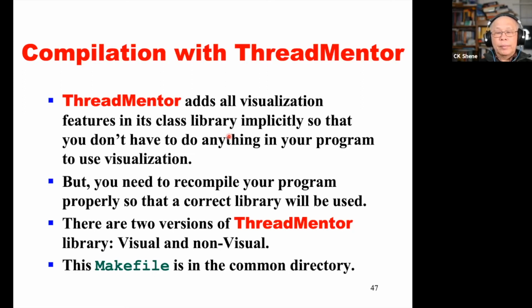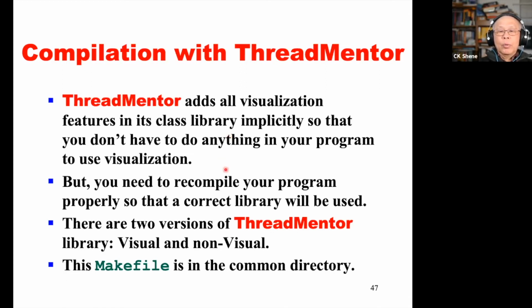But you could also run your program without visualization. What does that mean? It means you have to compile your program properly so that the correct library will be used.